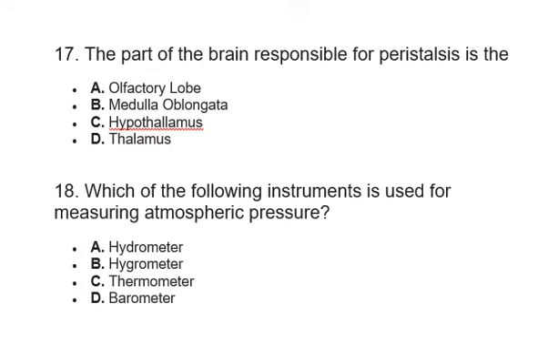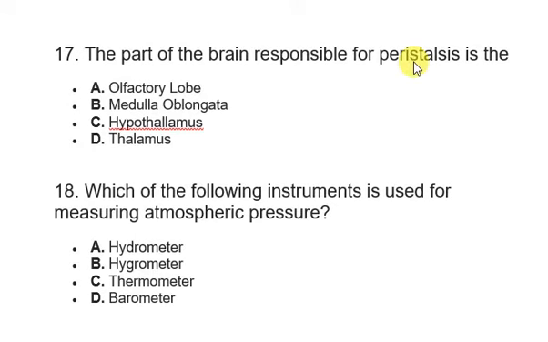17. The part of the brain responsible for peristalsis is the... first, what is peristalsis? Peristalsis means smooth contractions of muscles in order to propel food forward. For example, in the stomach, the gut and so on, you notice that when you eat, the food will slide down your esophagus, then go into the stomach for digestion, then later into the intestine and so on.